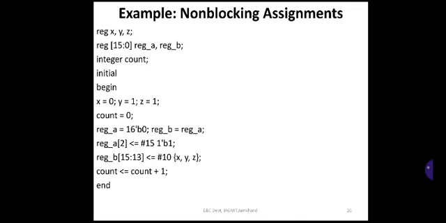Observe here. First, reg A of 2 is equal to 1, sorry, it is scheduled to execute after 15 time units, because the delay specified here is 15 time units. Then reg B 15 down to 13, the concatenation of x y z, is scheduled to execute after 10 time units.